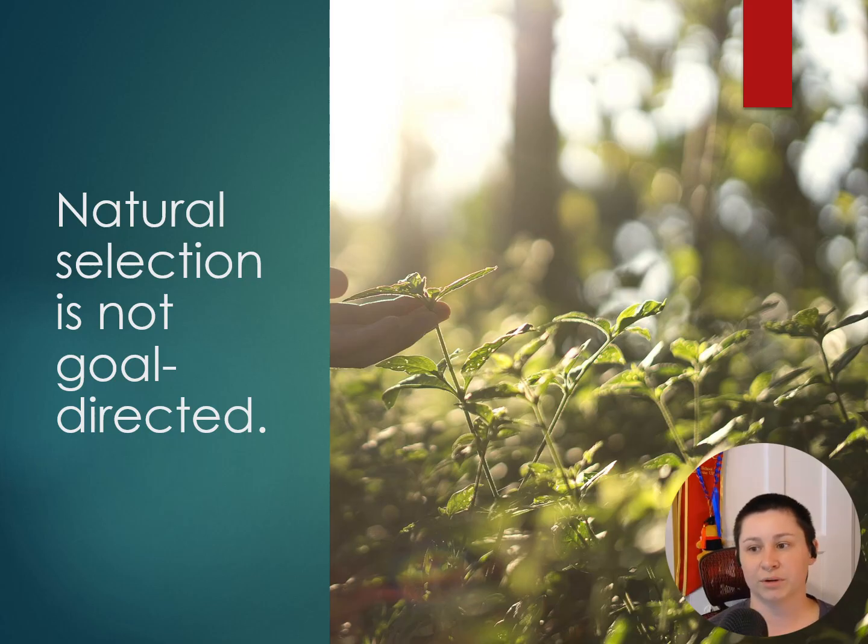Even those who supported Darwin's ideas frequently misconstrued them. For example, many of Darwin's contemporaries mistook natural selection for a goal-directed process, and then misapplied it to human political, social, and economic realities in what came to be called social Darwinism.